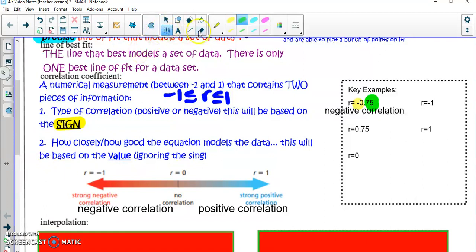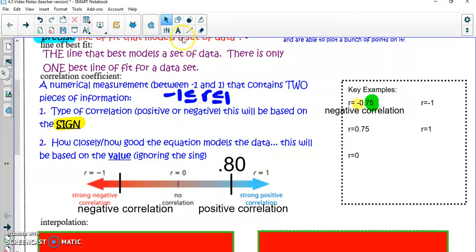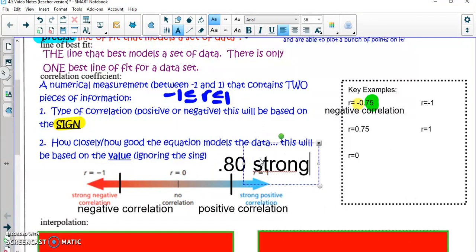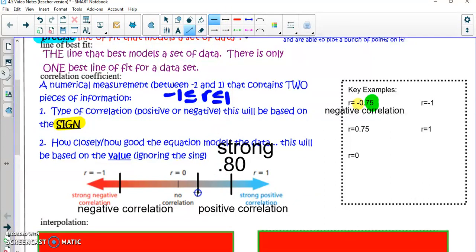So the general rule of thumb that we will use, on this little image here, our cutoff is going to be about 0.8, in either direction. Again, we're not worried about the sign. But if I have 0.80 or above, we're going to consider that a strong correlation.